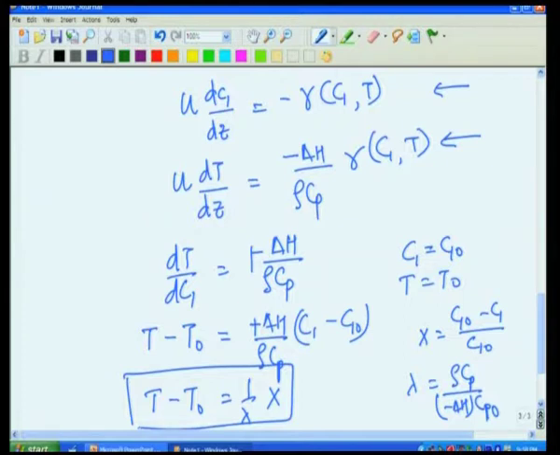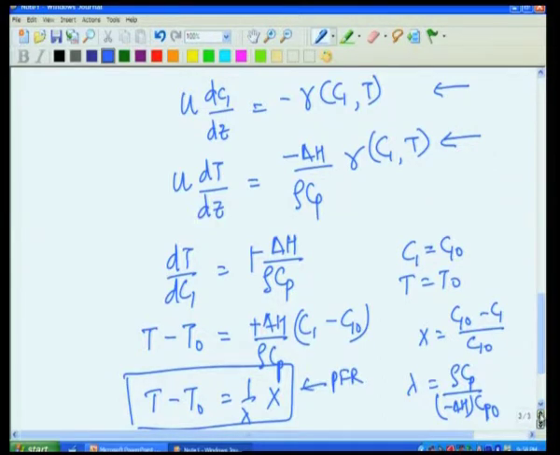So, what is happening in the plug flow reactor? Once again temperature and conversion are linearly related to each other, essentially temperature and concentration, but we can write it as temperature and conversion. This is for the plug flow reactor.